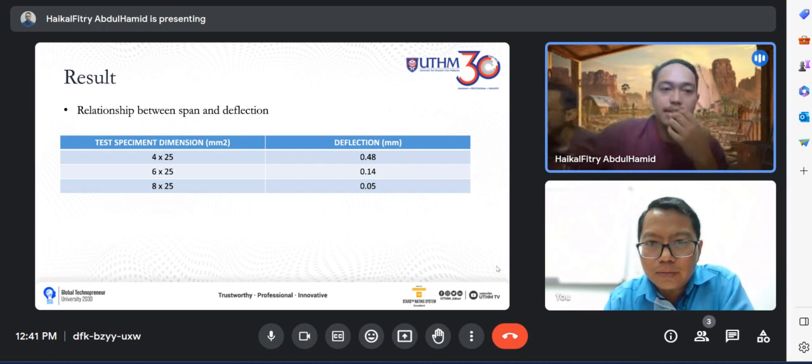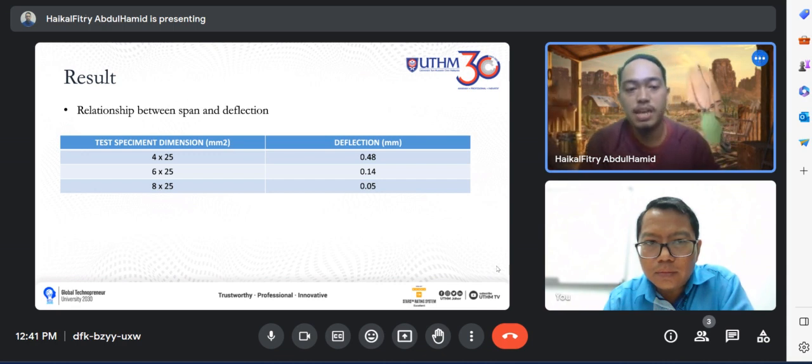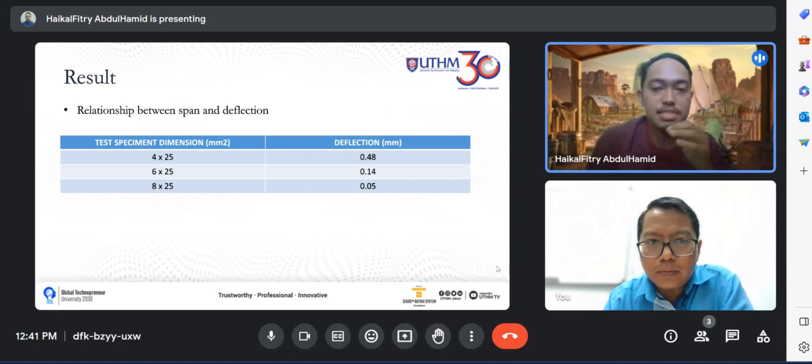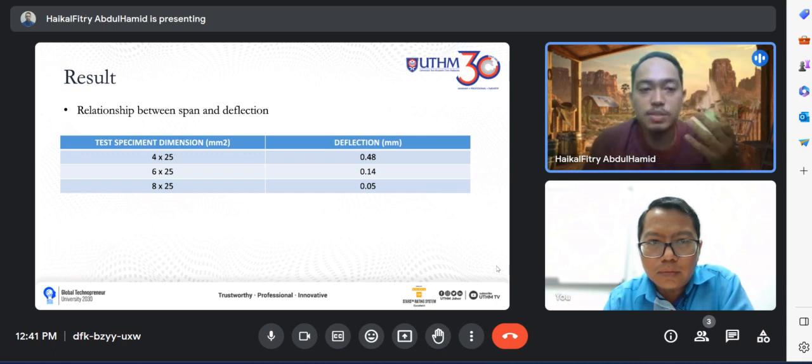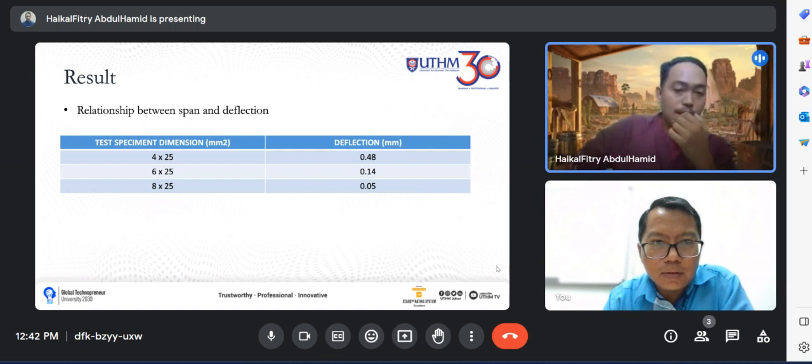The next result is the relationship between span and the deflections. In this experiment, we use three types of thickness, which is 4 mm times 25 mm length. The next one is 6 times 25 mm and 8 mm times 25 mm.